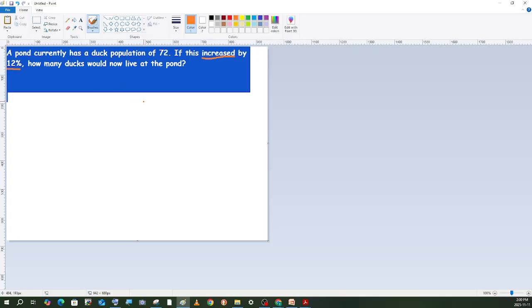One of them is a word, one of them is a percentage, and the number 72 is also an important part of solving this question. There are 72 ducks at this pond, and our job is to determine what the duck population will be if it increases by 12%.